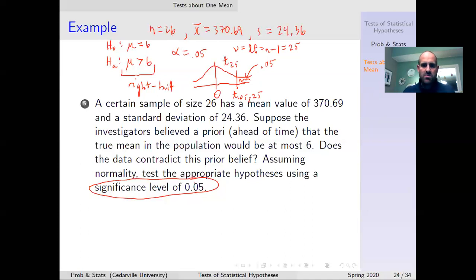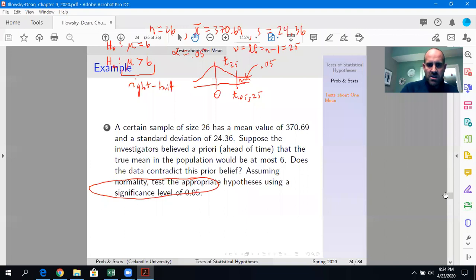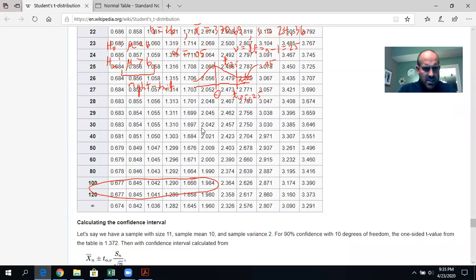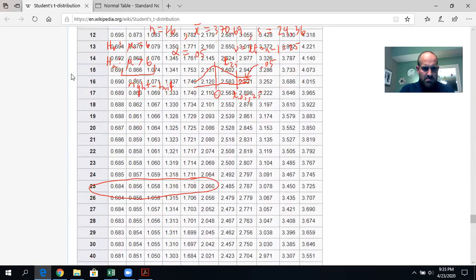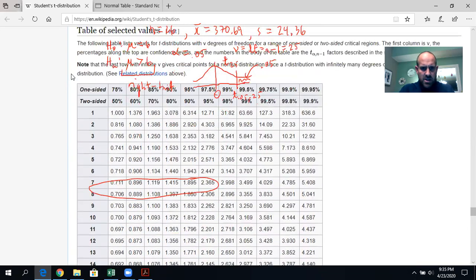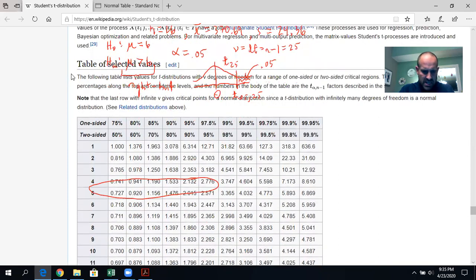I'm going to leave this writing on here as I go over into the table on the other side. We'll figure out what this t sub 0.05, 25 is. I want 25 degrees of freedom, and I want 95% below it.